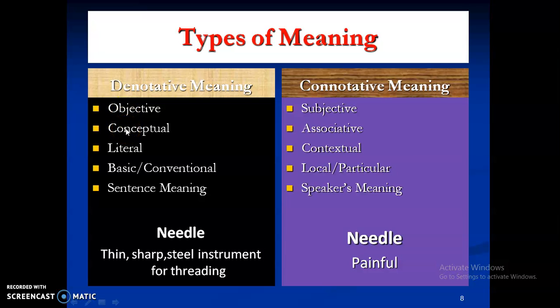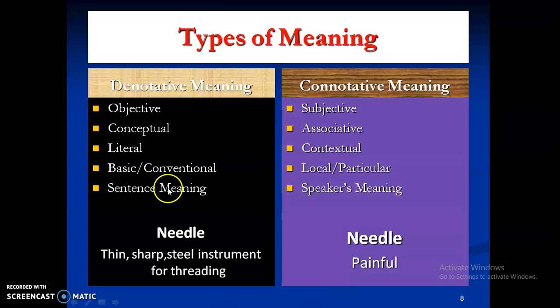As I mentioned in the previous slide, whatever is in our concept, the concept of a dog, and then we have a form like kutta, kalb, or dog. So it is literal meaning, basic or conventional meaning. A society has derived a convention. Some society says kutta, some says kalb, some say dog. So this type of meaning is known as denotative meaning.